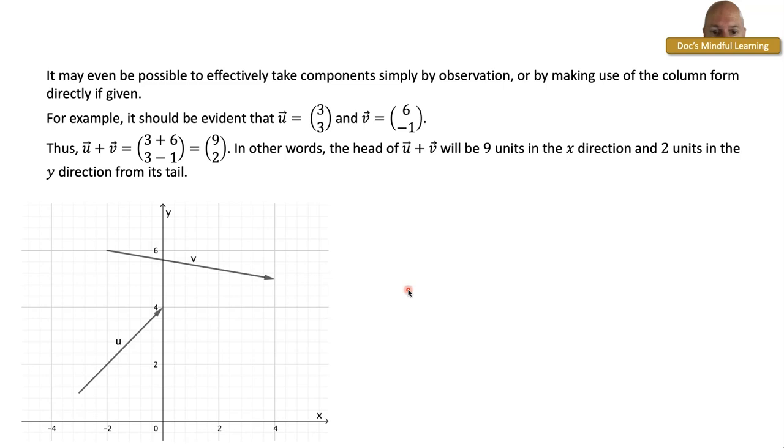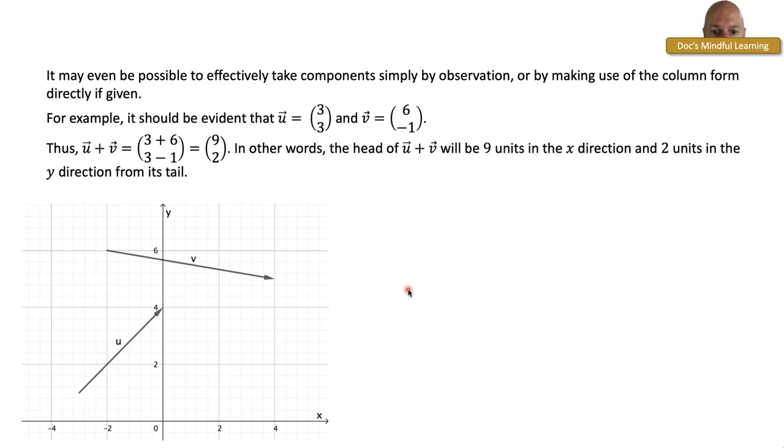So when we add those two vectors, we again simply add the x components and the y components. So as we've discovered already, that means the head of u plus v will be 9 units in the x direction, 2 units in the y direction from the starting point, from the tail of vector u in this case.